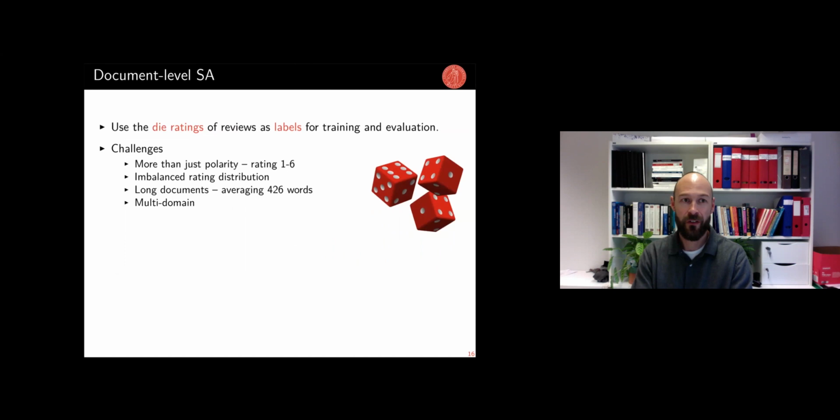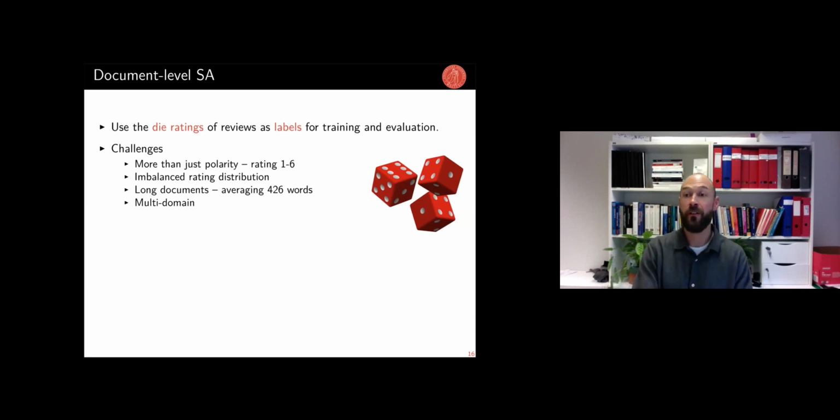Still, we try to use these ratings as labels and train models to predict these labels for documents that are unseen in training. There are some challenges here. One is that it's not just polarity, but this scale of 1 through 6. There's also this imbalance in the rating distribution that we just saw.